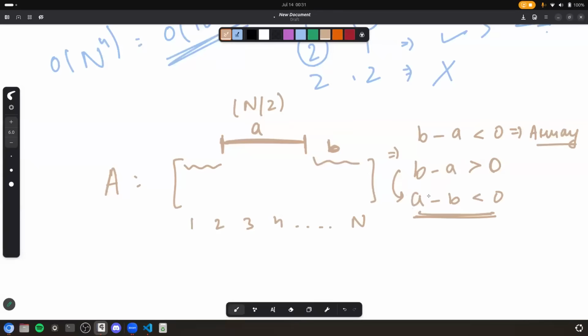And if A minus B is less than 0, what I could have done is chosen this other subarray, and since this had n by 2 elements, this would also have n by 2 elements. So I could have chosen this subarray and multiplied all of its elements by -1, and then A minus B would have been the new sum and that would have been 0. So even if B minus A is positive, again the array is good.